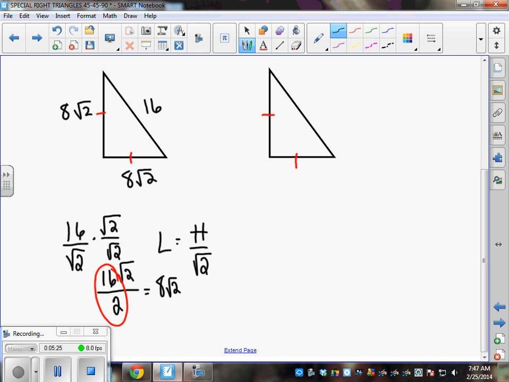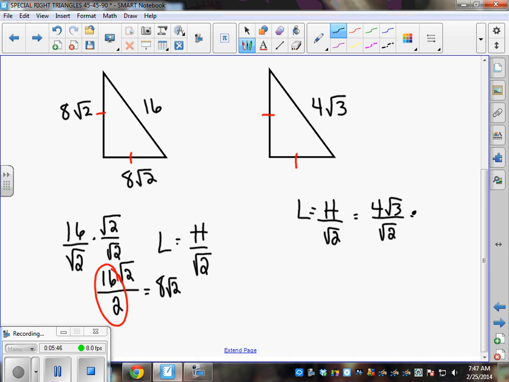One last thing, let's say that the hypotenuse is 4 square root of 3. To get the leg, you take the hypotenuse and divide by the square root of 2. So that's 4 square root of 3 divided by the square root of 2.